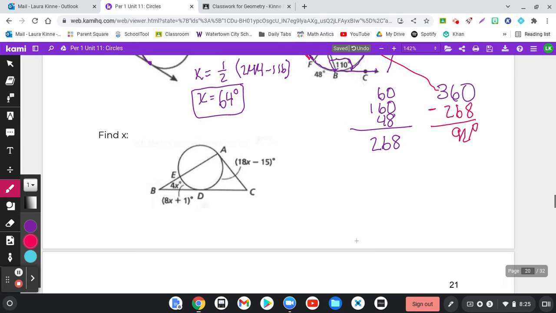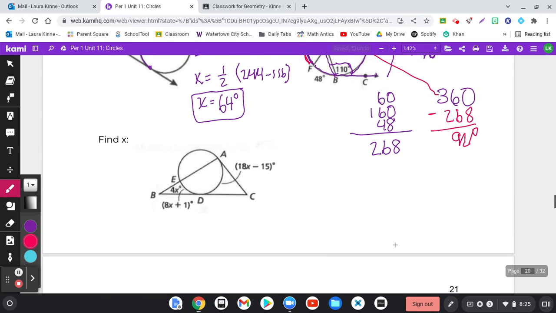All right, last question. So this angle's 4x. The minor arc's 8x plus 1, and the larger arc is 18x minus 15. Remember the angle, we're going to set up an equation. The angle equals half of the big arc minus the smaller arc.